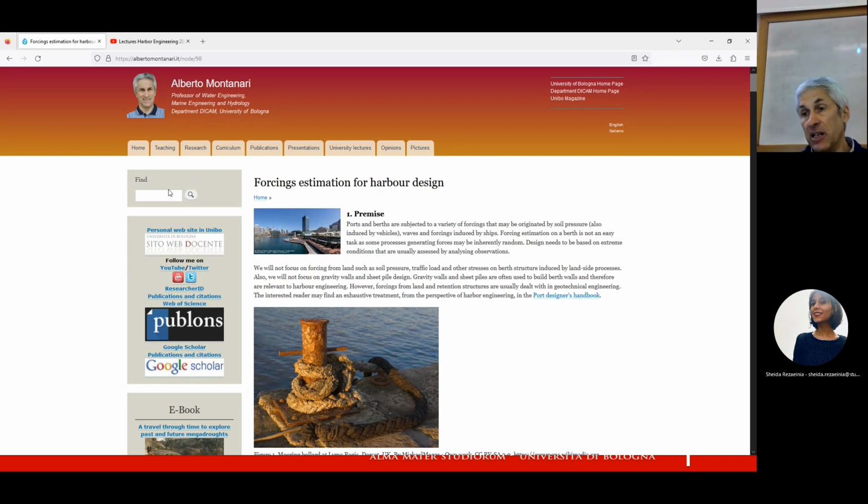And the theory is similar. So in order to avoid overlap, I skip this part. I'm not dealing with this. And I am instead focusing on the load from the seaside, load from the sea.